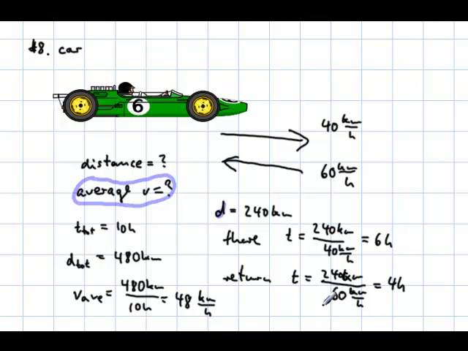Of course, they warned us in the problem here, but the main reason mathematically why it's not the exact middle between 40 and 60, which would be 50, but something else, in this case 48, is that the 40 and the 60 appear in the denominator, and because of that, the average is not going to be the arithmetic average, which would mean 50, but different.